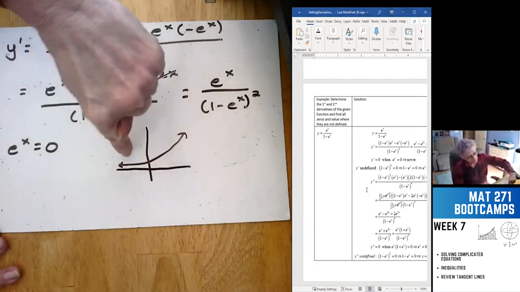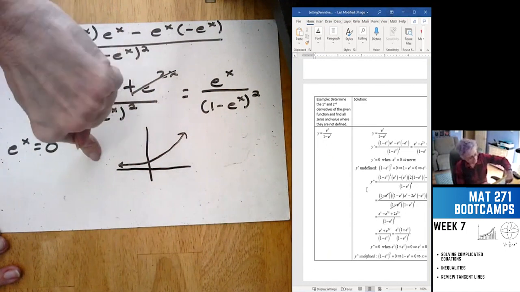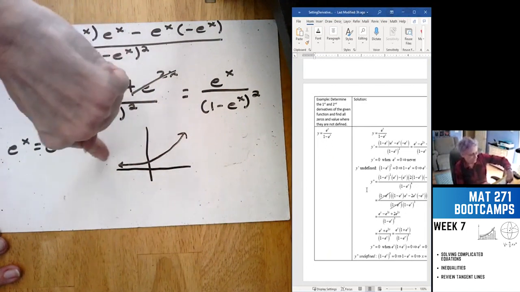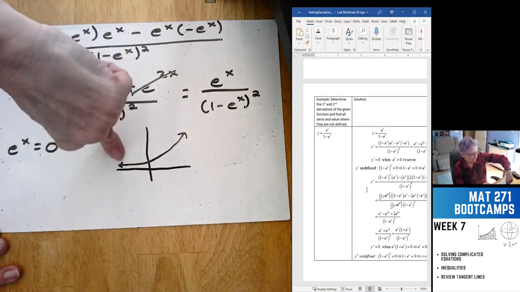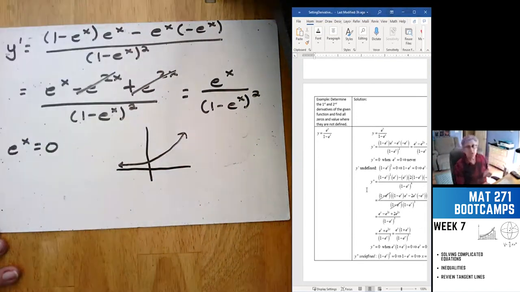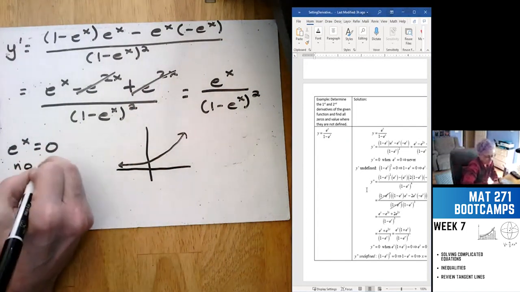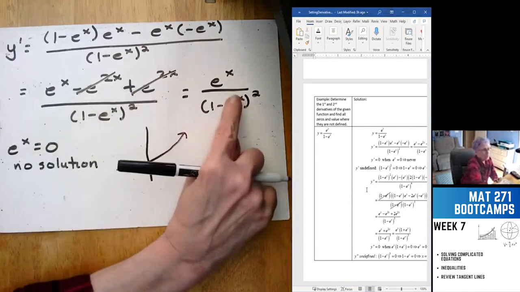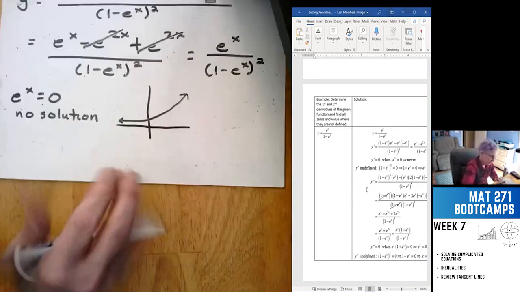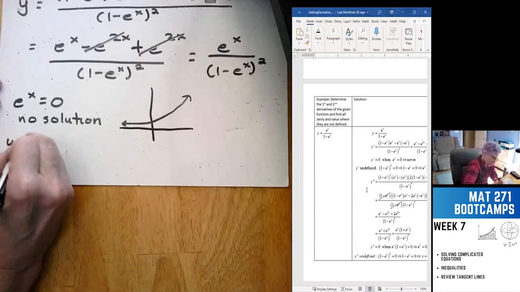It has a horizontal asymptote at y equals 0, excuse me, but it never touches it. It tries really hard, but it never gets there. So this has no solution. So it has no zeros.